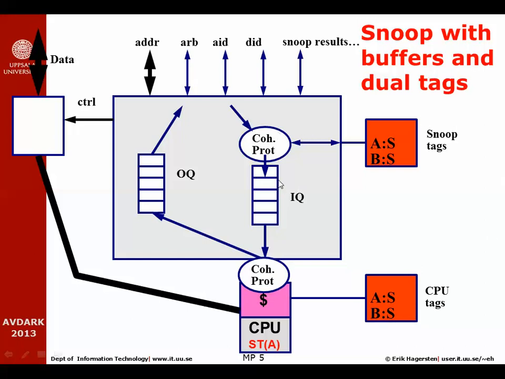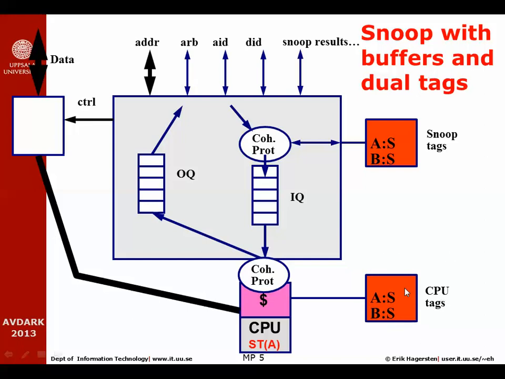Here we have an input queue that we can buffer some requests. Close to the cache is the CPU coherence protocol, and attached to the cache is the state. We know it really is integrated in the cache, but I did break it out here so we can much more easily discuss what's going on.